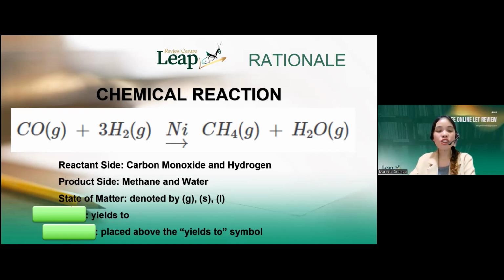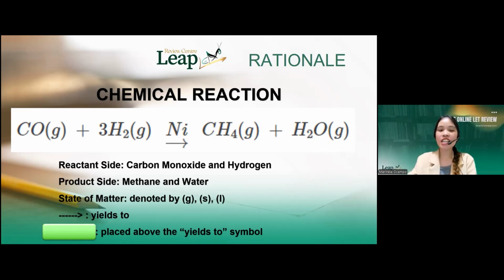For the other component, we have yields to. Yields to is represented by this arrow. Please take note of the arrowhead because it will help you to identify which is the reactant and which is the product.